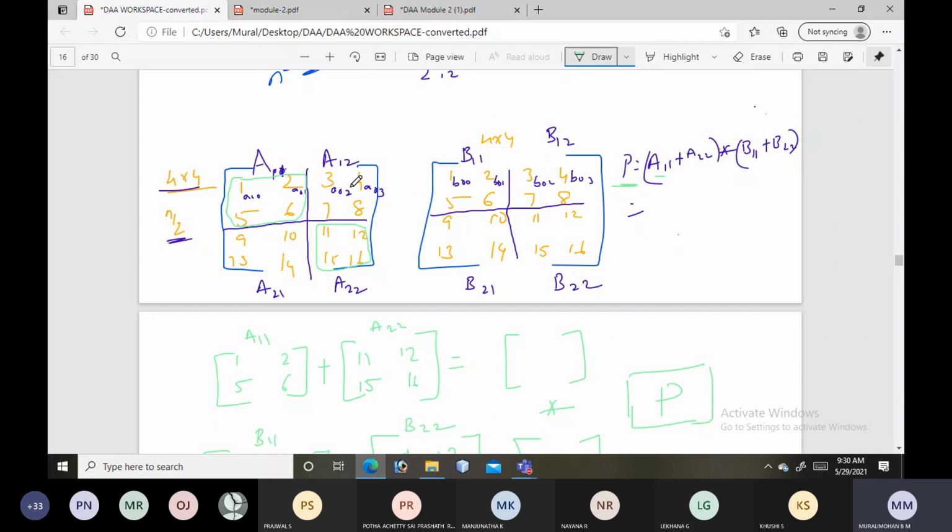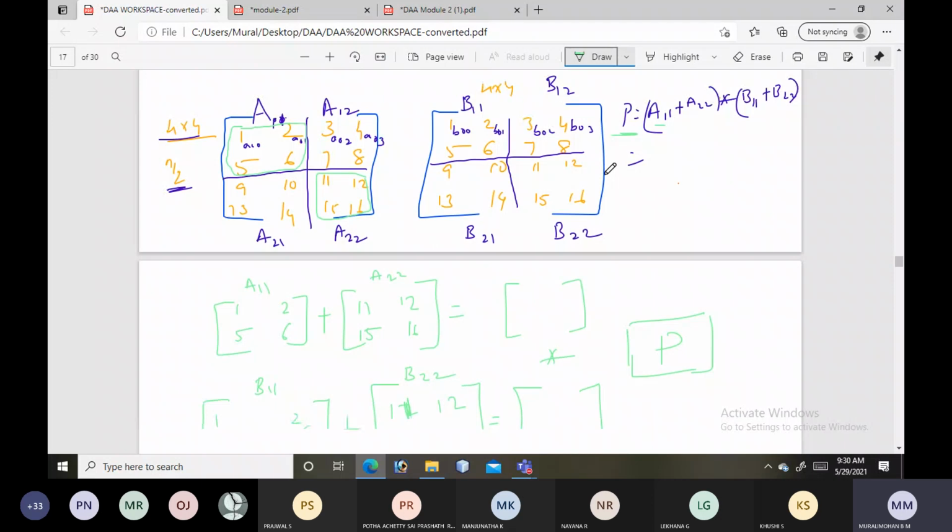Similarly, 3, 4, 7, 8 as a 2 cross 2 matrix, we are taking as A12. Now A11 plus A22: A11 as 1, 2, 5, 6 and A22 as 11, 12, 15, 16. When we add this we will get one matrix. Again when we add B11 plus B22 we will get one matrix.